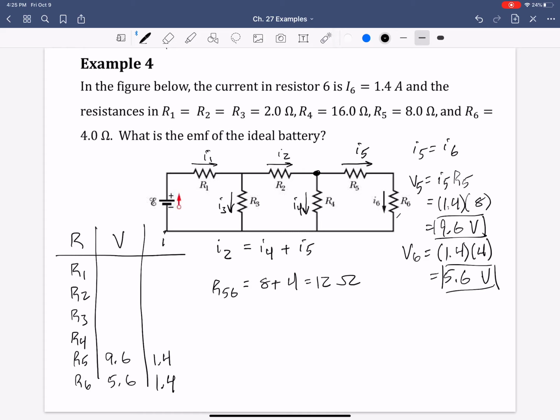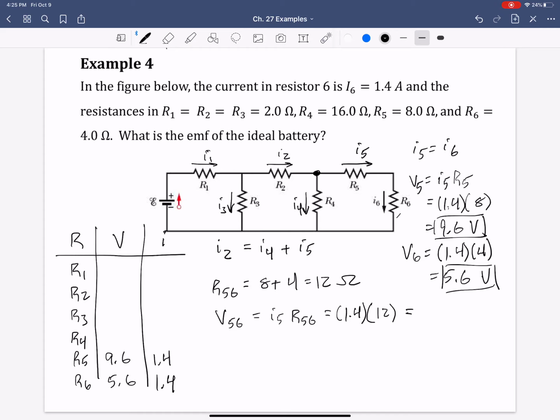So now we can find the voltage: V56 is the current I5, you can also put I6, it's the same thing, times that equivalent resistance. So that's 1.4 times 12. I can't quite do that in my head.